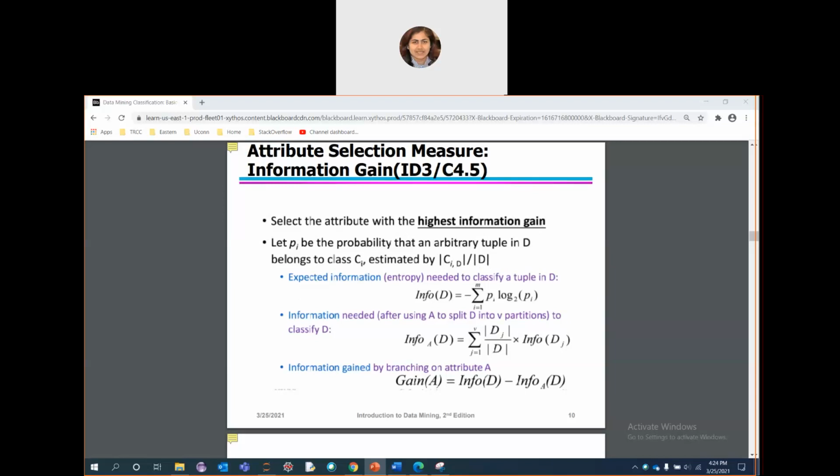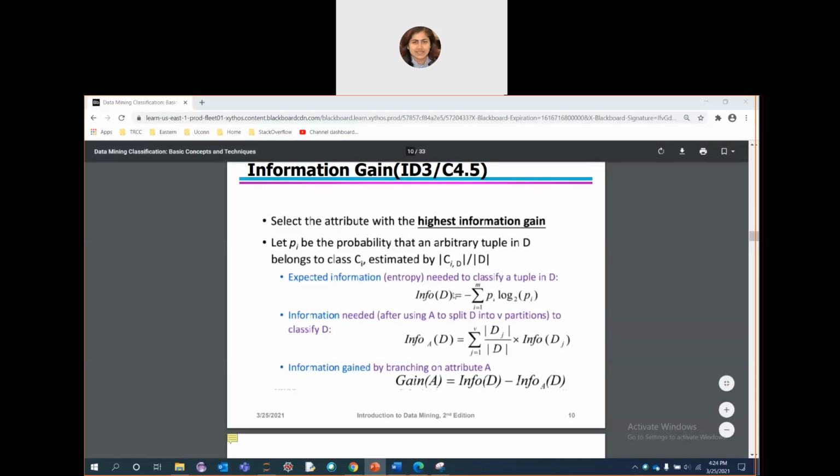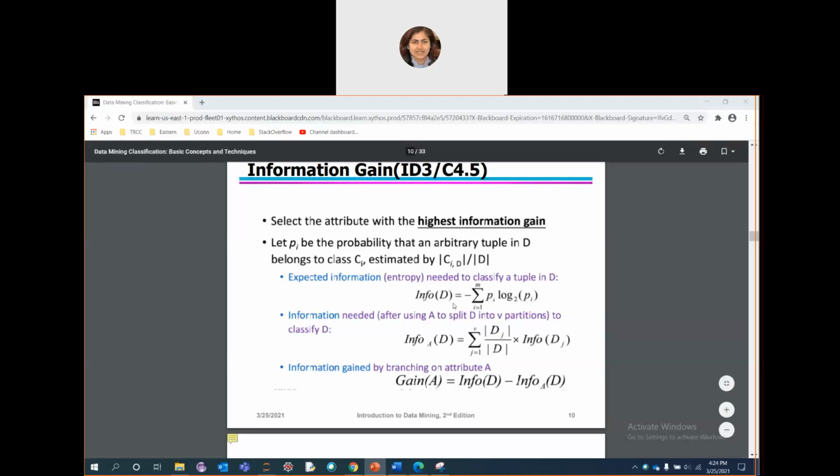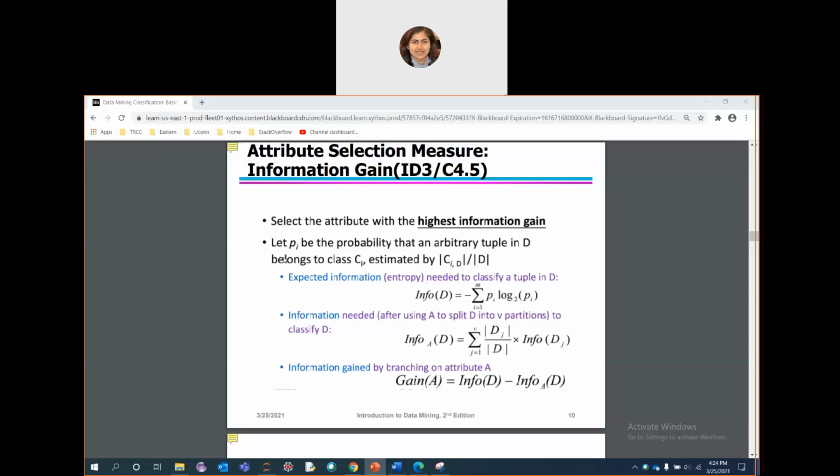In the first formula here, you see the expected information, or entropy, needed to classify a record or tuple in the data set D. Here Ci is the class label, D is the entire data set, and Pi is the probability that an attribute belongs to the corresponding class Ci.